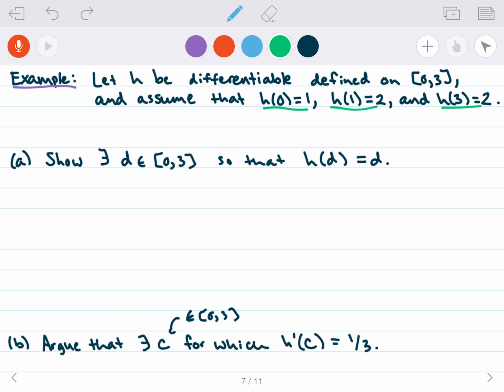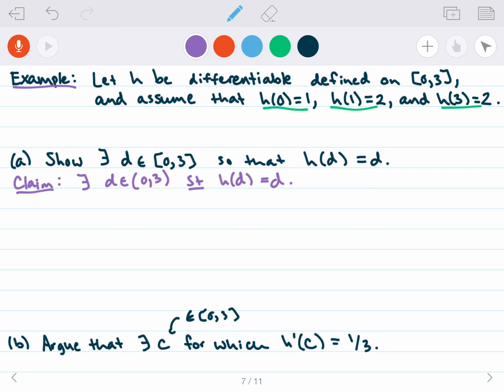And so we claim that there is some d in the open interval from 0 to 3 such that h of d equals d. Okay, and so if you remember this trick with the intermediate value theorem, we took the difference on both sides by d and we defined a new function, right?